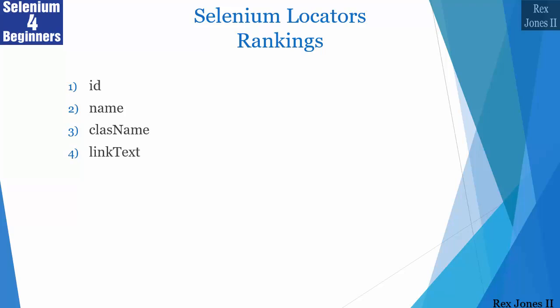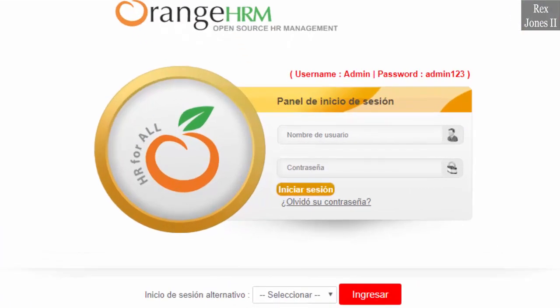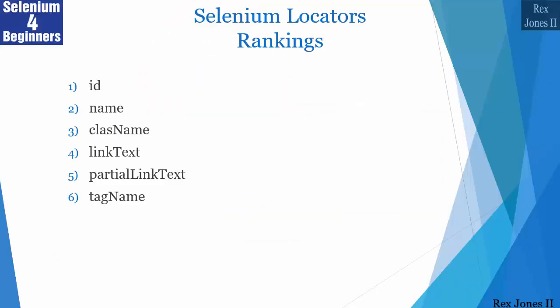Link text and partial link text are good, but can lead to flaky values because text on a page can change. Here's an example of the language changing from English to Spanish. I showed you tag names, but they are not effective if you are looking for one element because it returns all elements.